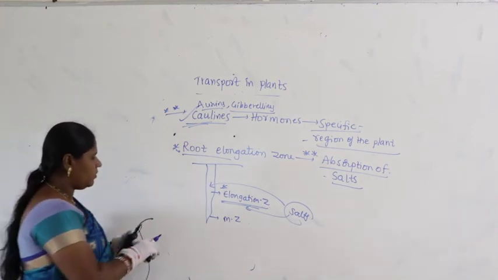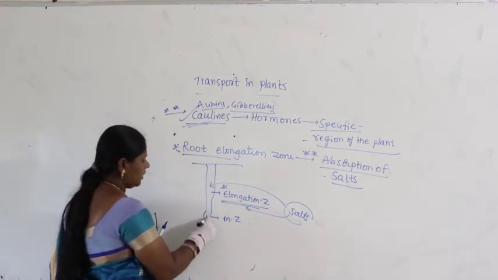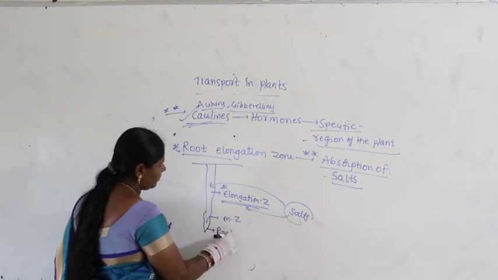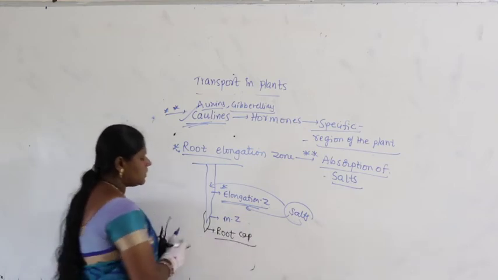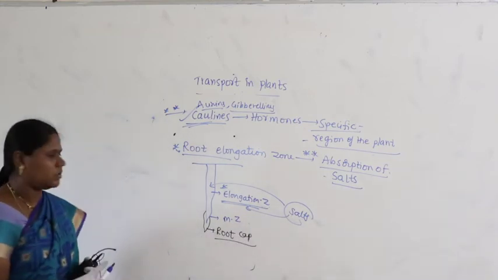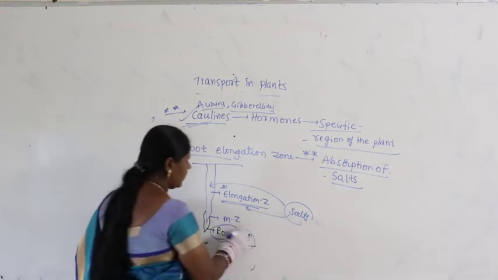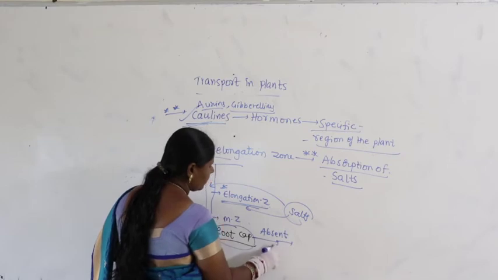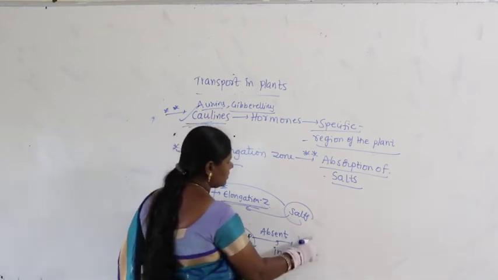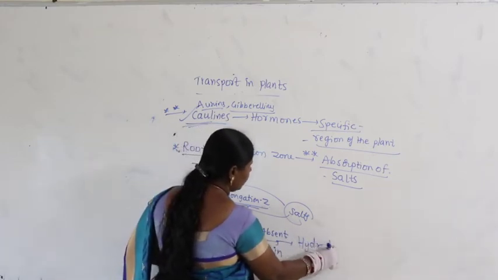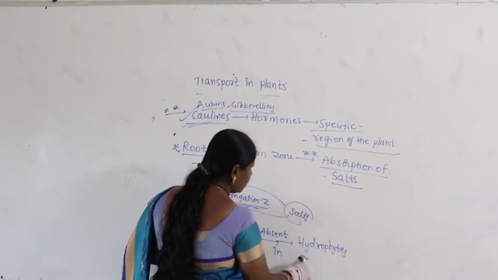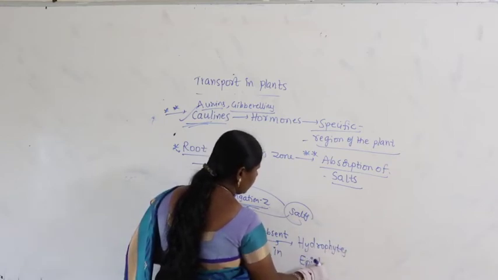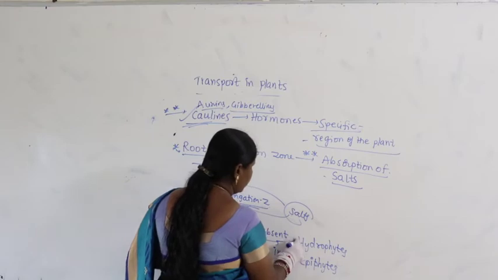Right. So apart from this, you know that the meristematic zone contains what is called the root cap. We studied this in the first year morphology, right? Now generally root cap is absent in hydrophytes as well as epiphytes, which you know very well.